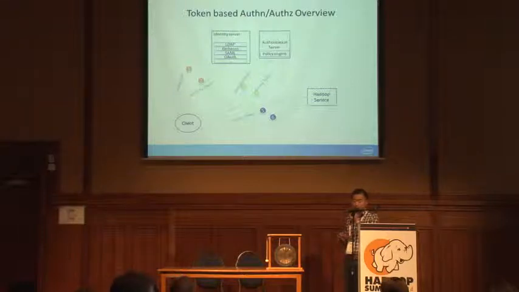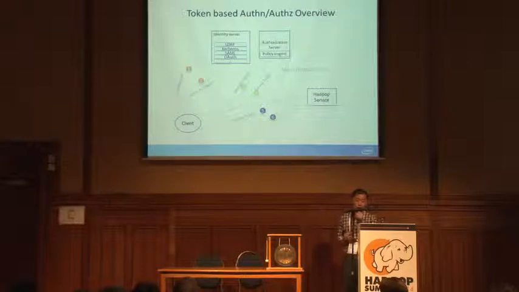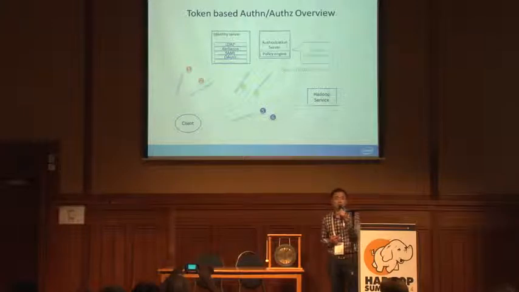And for authorization, we have a centralized authorization server. So the user can do some unified authorization in that server. For example, it can restrict the client's IP to only allow some clients, some users, to access the Hadoop service. And other unified authorization can also be done in the authorization server.